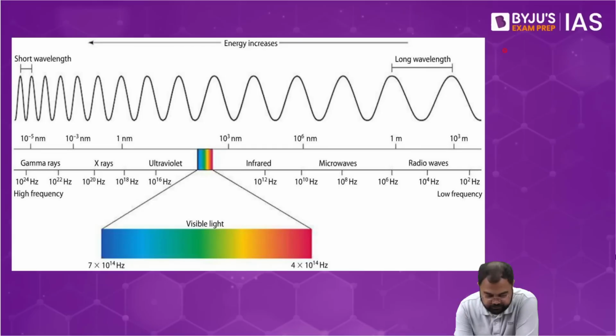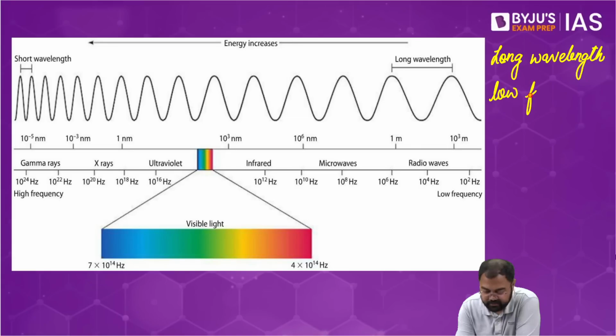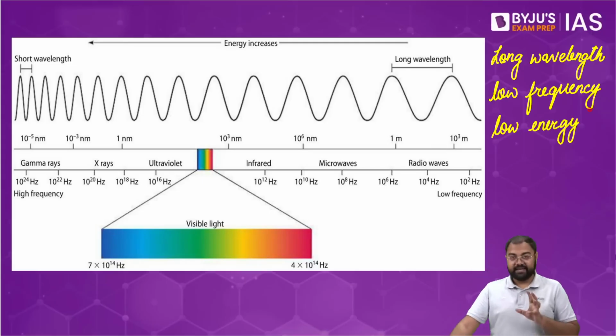When you have long wavelength, you would obviously have low frequency and you would have low energy. So energy and frequency are directly proportional.